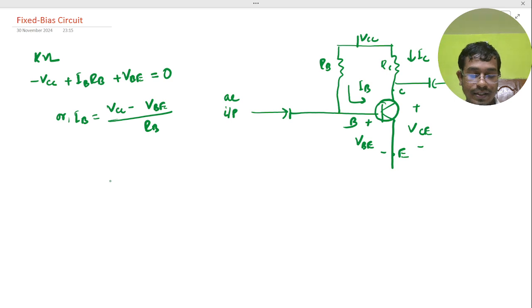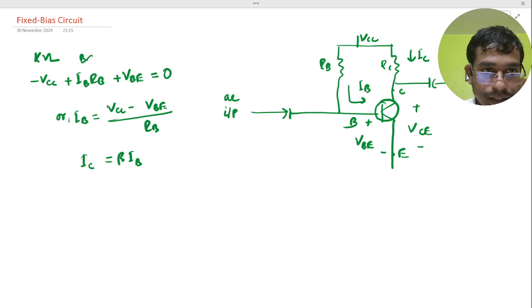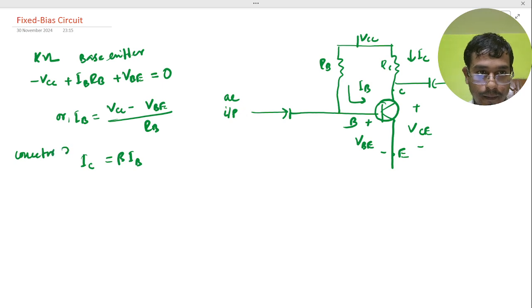And for the collector emitter loop, we get here that IC is nothing but beta IB, and this is for the forward bias of the base emitter, and for the collector emitter region, IC is equal to beta IB.